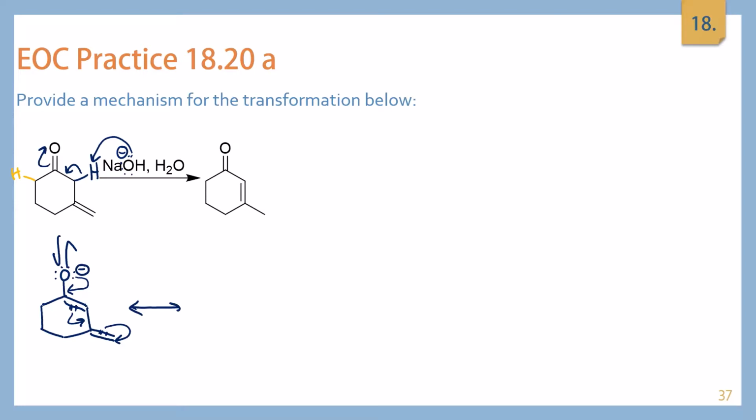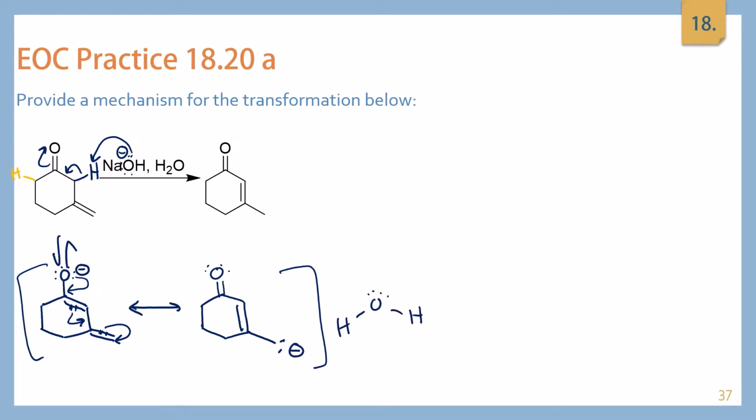This would be a resonance form where we now have a negative charge on that methyl group. Now, hopefully, looking at this, you're like, oh dang, that looks a lot like the product, right? So all we have to do is protonate.